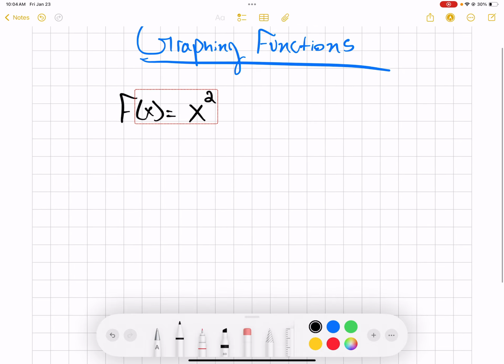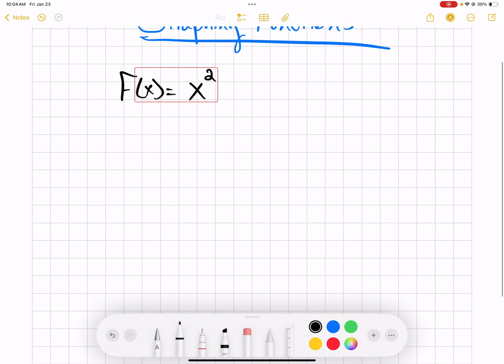Okay, so now when we graph functions, we typically graph them on an XY coordinate plane. So I'm going to create my coordinate plane.